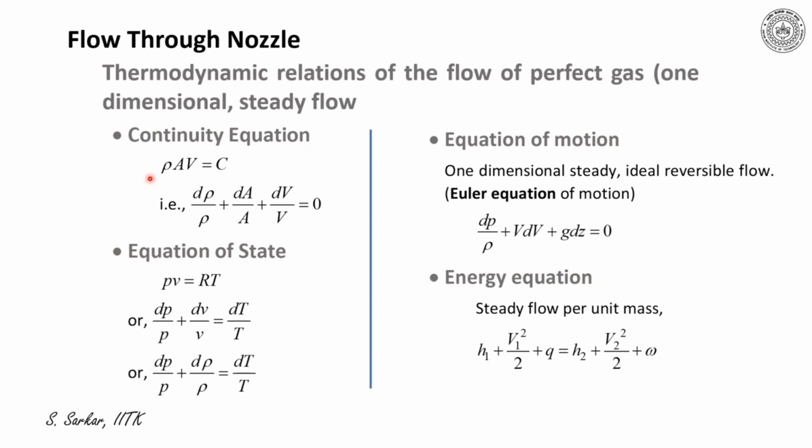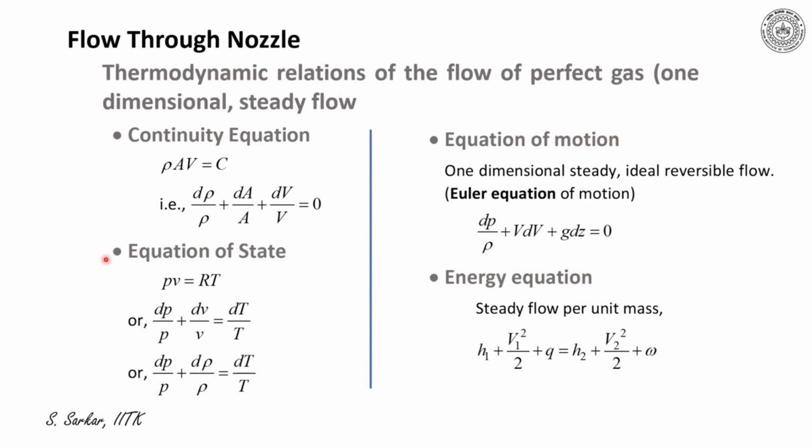Rho stands for density, A is area, and V stands for velocity. Thus, this equation can be put in the differential form as d rho by rho plus dA by A plus dV by V is equal to 0.